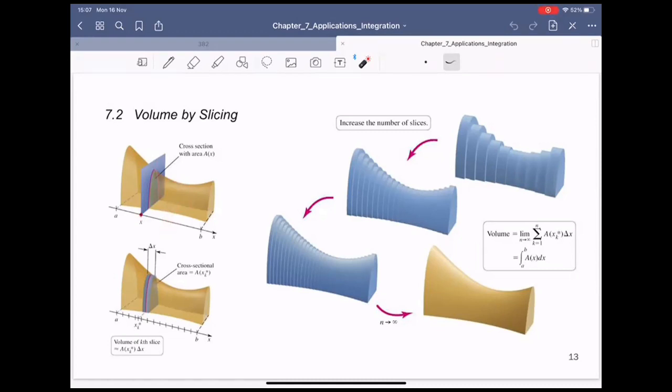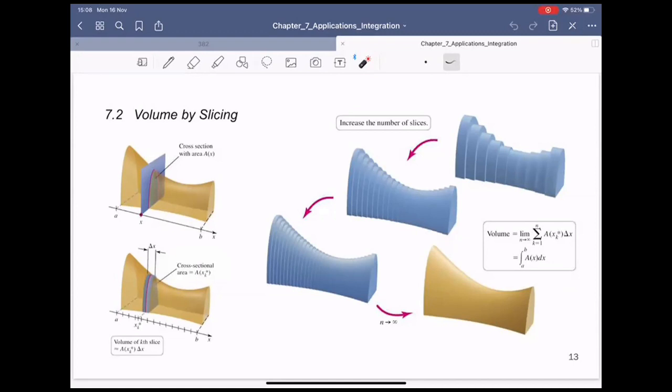Imagine that you have the solid from a to b, and you chop it into n pieces, and each piece has width delta x. You multiply delta x with the cross-sectional area to get the volume of the piece. Then you sum it all and take the limit as n goes to infinity.